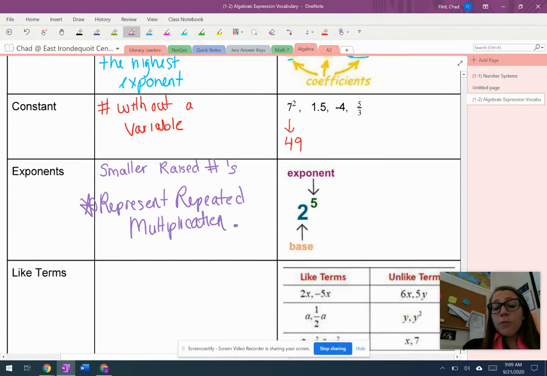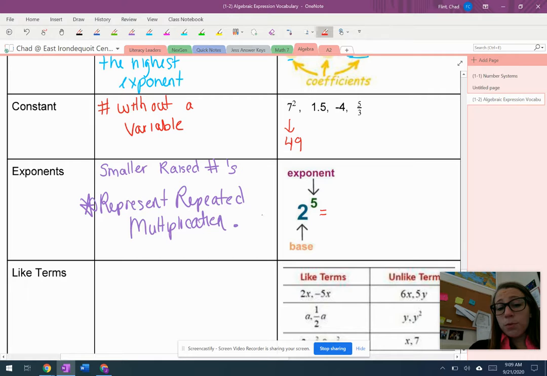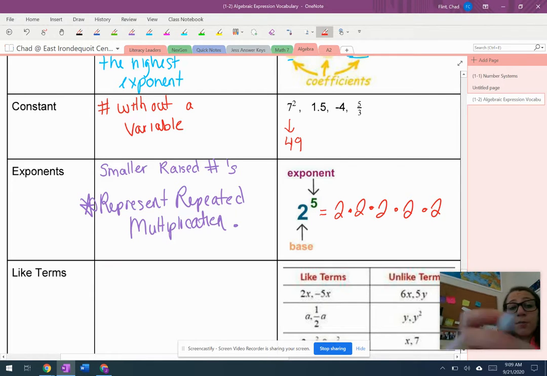So when you have 2 being raised to the exponent of 5, like we have in our example over here, that means that you're repeatedly multiplying the base by itself the number of times the exponent tells you. So 2 to the 5th. 1, 2, 3, 4, 5. 2 times itself 5 times. Repeated multiplication.